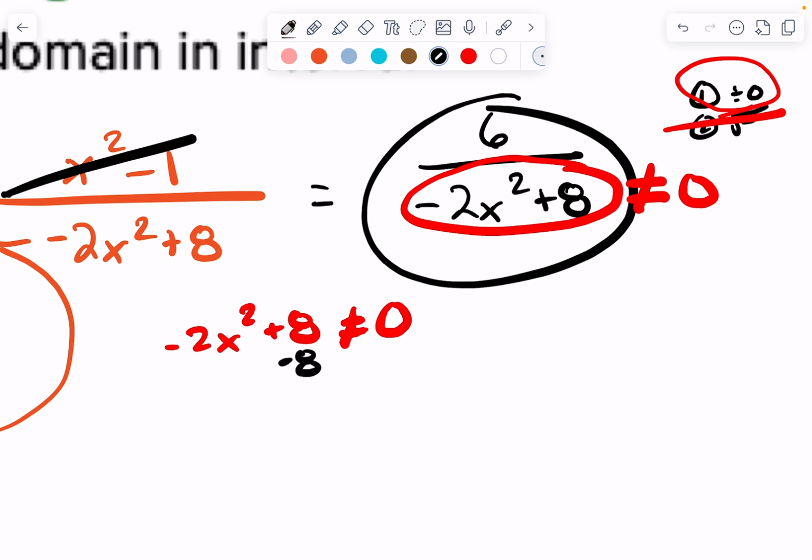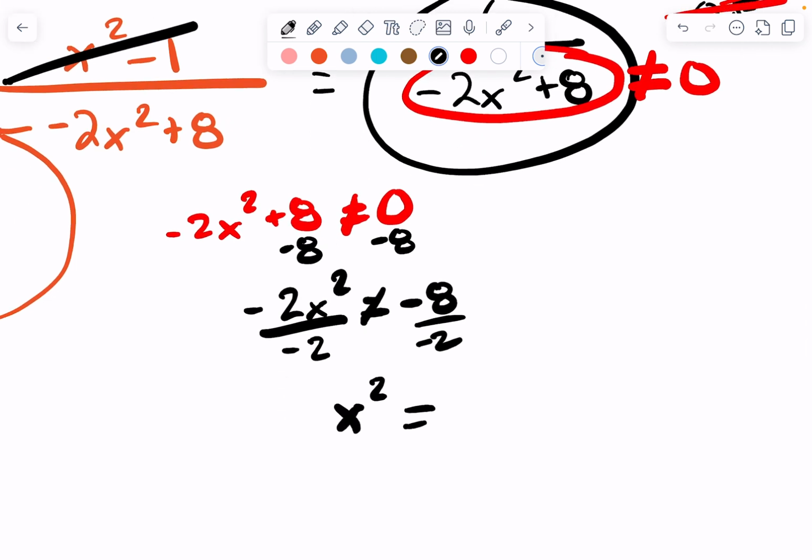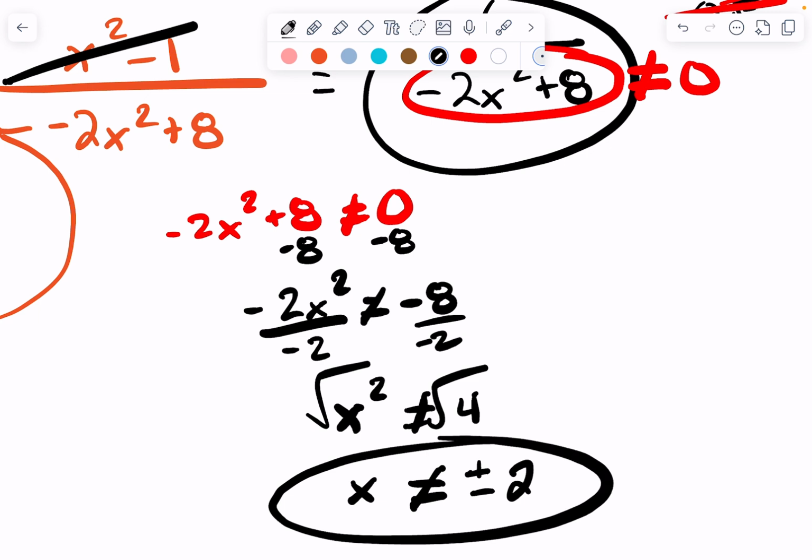I'm going to subtract the 8. So negative 2x squared can't be negative 8. If I divide by negative 2, x squared can't be 4. If I take the square root, x cannot be plus or minus 2. So I cannot have values that are plus or minus 2.